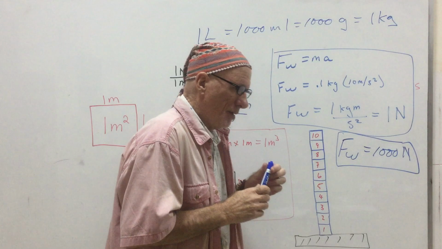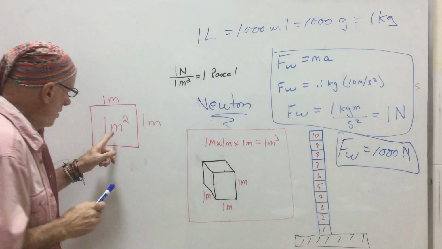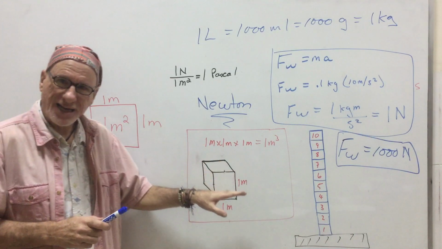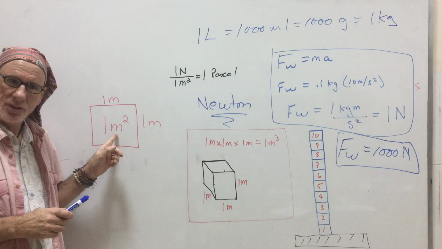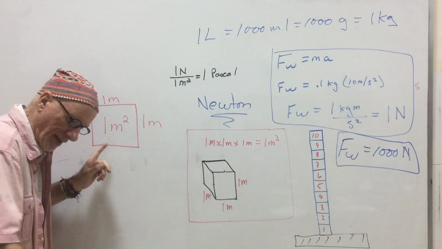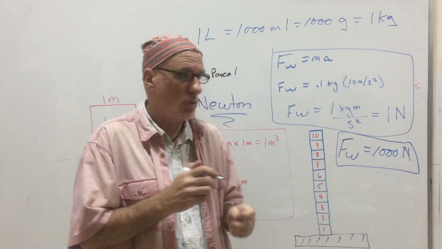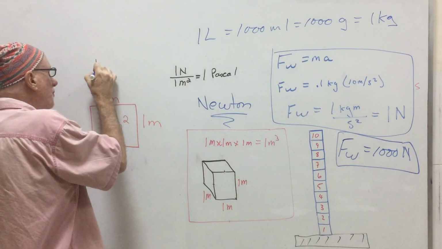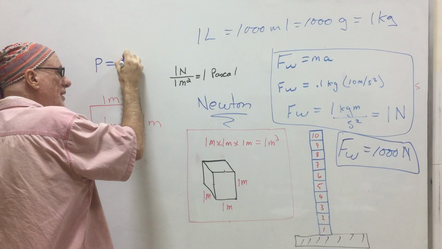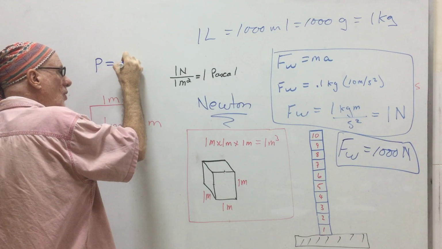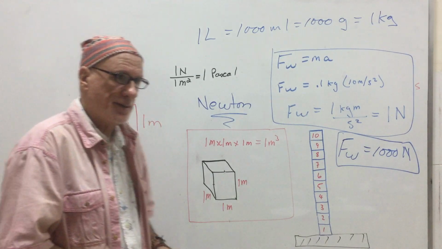Now, the box sits on the ground, and it's going to be 1 square meter. That's going to be the area on the ground. And you know from basic middle school science that pressure equals your weight over your area. Correct?